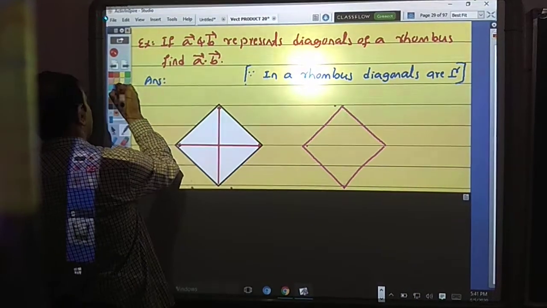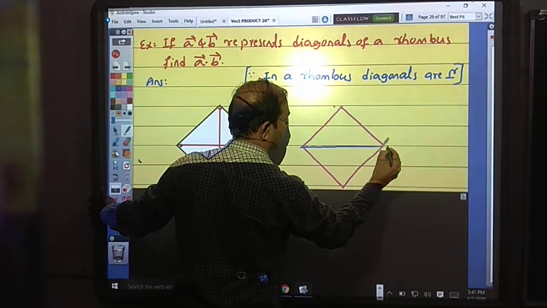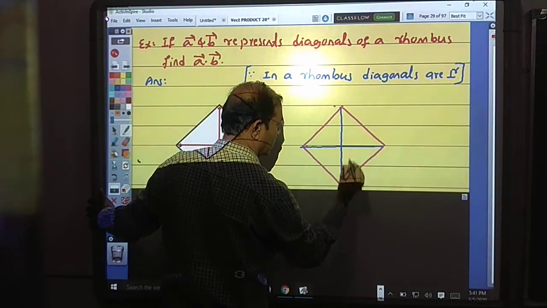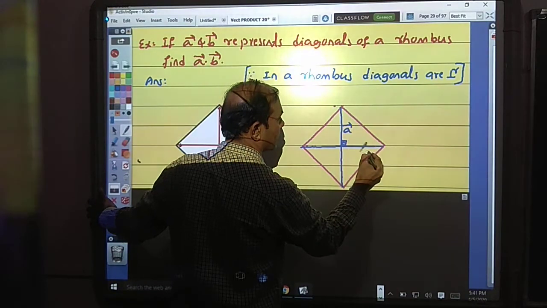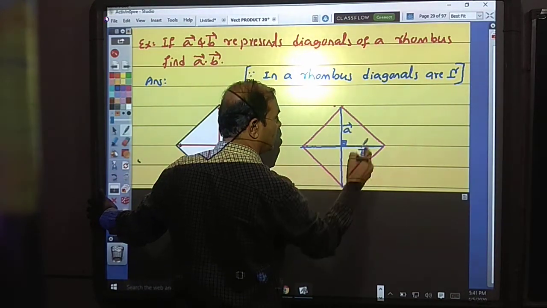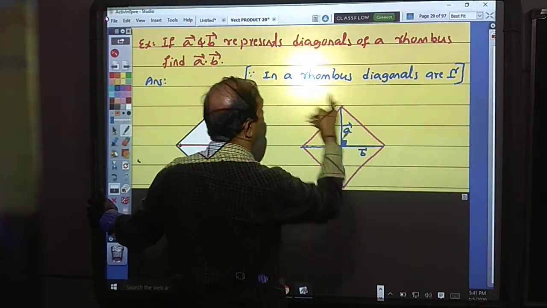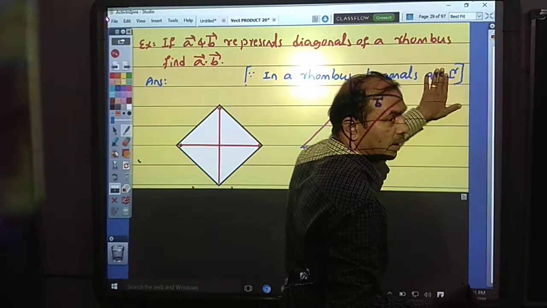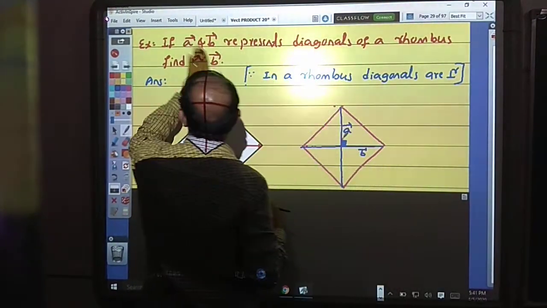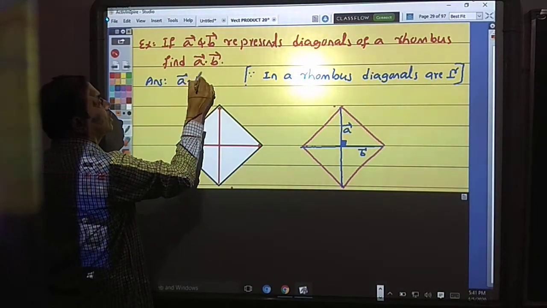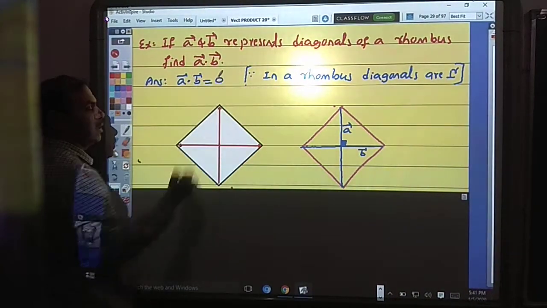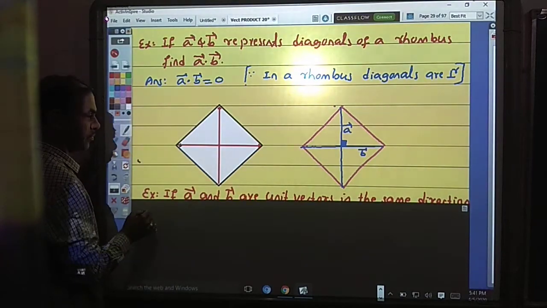And you know one of the properties. Here A is one diagonal, B is another. And in a rhombus, what happens? Diagonals are perpendicular. A and B are diagonals. Therefore, A dot B must be 0 because they are perpendicular vectors.